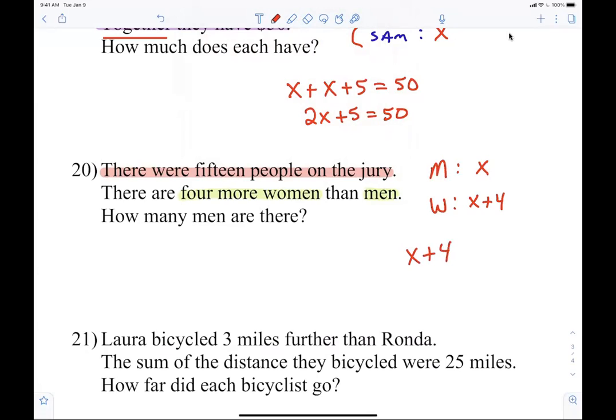Now, if there were a total of 15 people, how do you get 15 people? What do you do with the men and the women? So if there were 3 men and 5 women, there'd be how many? 3. Right. So whenever you want to find the total, you're going to add them up. There are a total of 15 people on the jury.